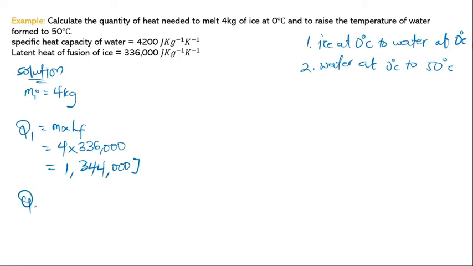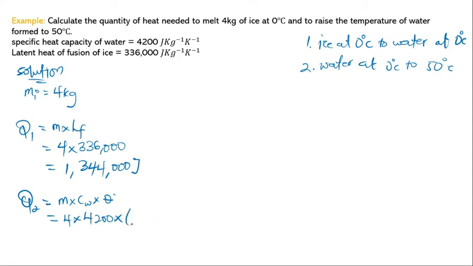Now the second amount of heat that is needed to convert water from 0 degrees Celsius to 50 degrees Celsius is just the normal way of calculating the heat energy of a substance. So that is going to be the product of the mass by the specific heat capacity of water by the change in temperature. The mass we are assuming is still 4, multiplied by 4,200, the specific heat capacity of water, and multiplied by the change in temperature.